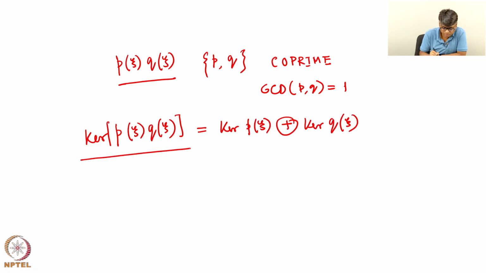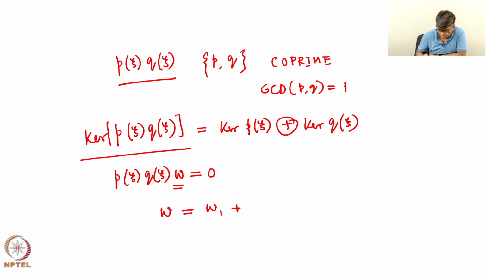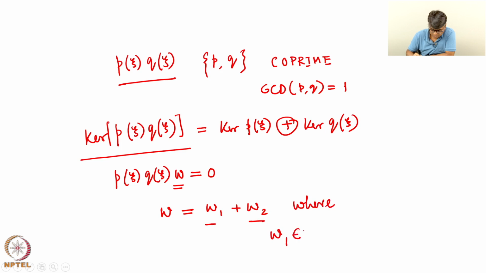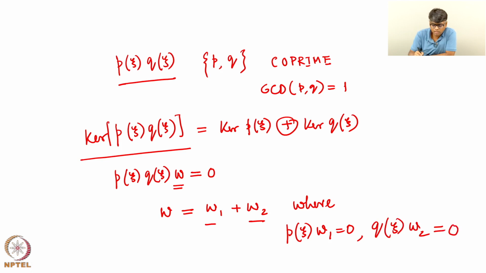The kernel of the product, that means the solutions of this product equation, cause a function to go to 0 if and only if the function can be written as a unique sum of two trajectories w1, w2, where w1 satisfies p(xi) w1 equal to 0 and w2 satisfies q(xi) w2 equal to 0, right? Now, why is that so?